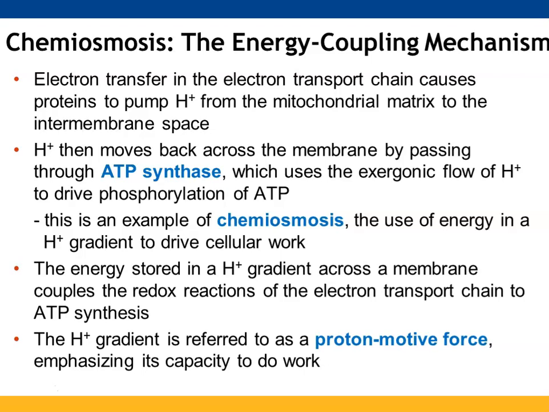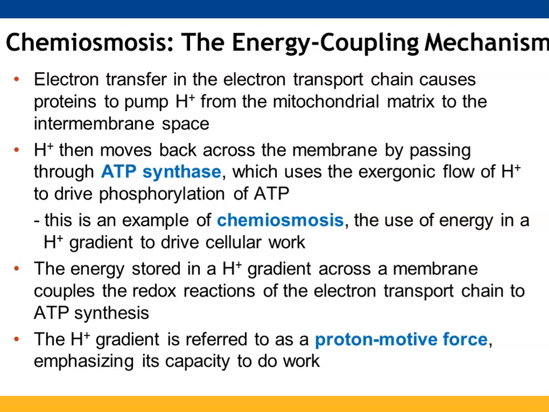But there's only one place where the hydrogen ions, their charged particles, are able to move back through the membrane, and that is through a special protein, an enzyme, ATP synthase. And you're going to see how ATP synthase is able to use the flow of those hydrogen ions to make ATP. And so this would be an example of chemiosmosis.